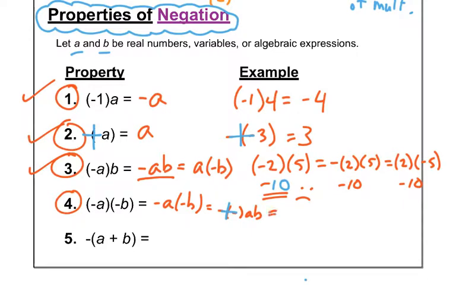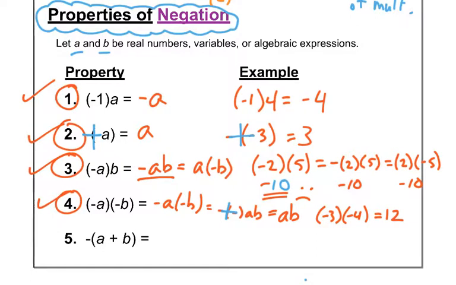So negative A times negative B just gives you a positive AB. For example, negative 3 times negative 4. You can take both the negatives out and just do 3 times 4, or you can see that both negatives cancel and I just get positive 12.